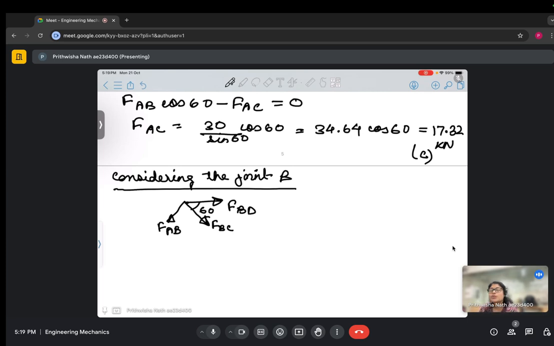Now similarly we'll do the same thing here. Summation of Fx and Fy should be 0.